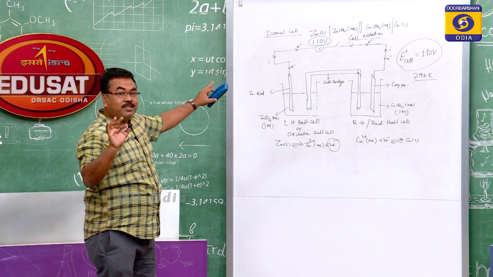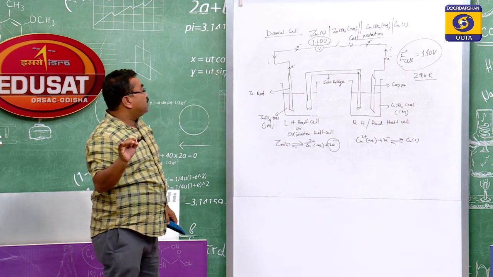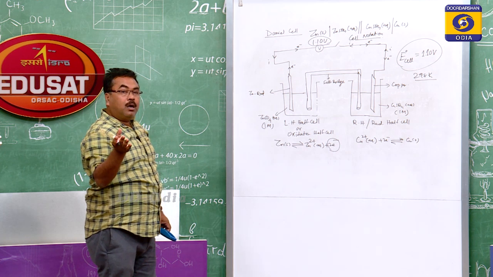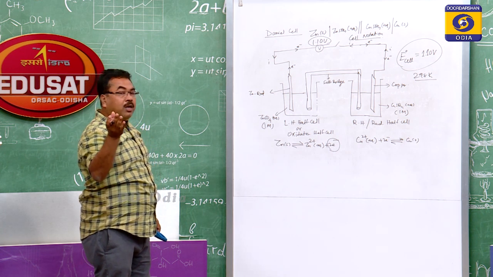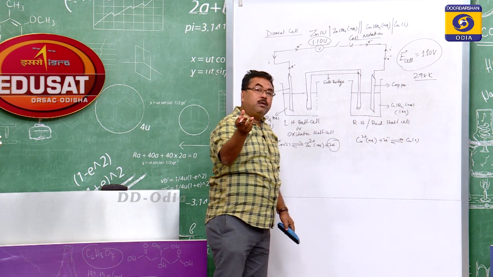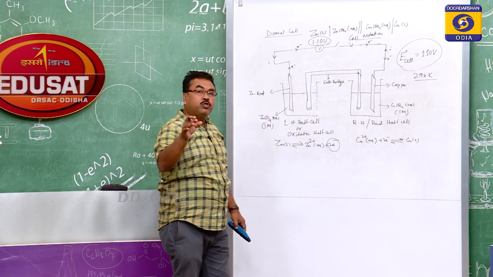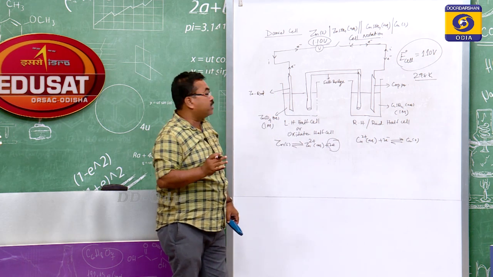In order to test its reversibility, what will we do? We shall externally connect another EMF. If we increase the external EMF, we will find that the cell reaction will altogether alter. It will move in the opposite direction. The electron motion and the current will reverse their directions.